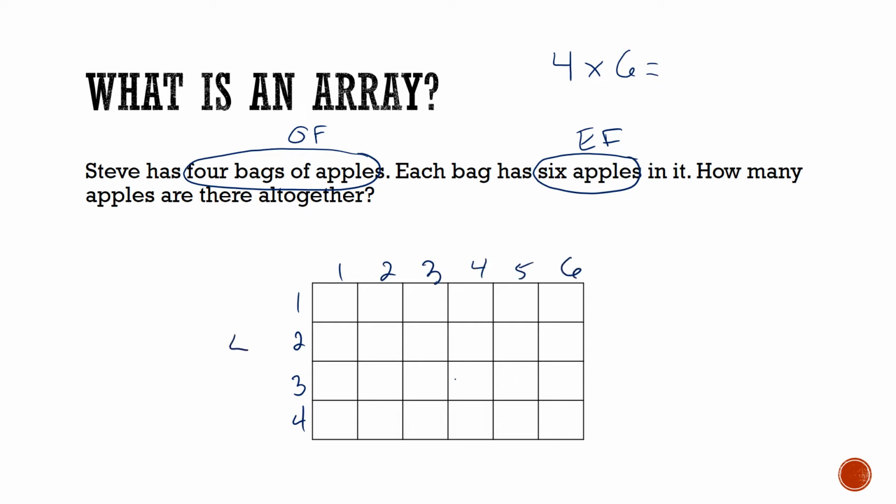Therefore, this is a 4 by 6 array. To figure out how many I have altogether, I'm going to do 4 times 6. So let's skip count by 6s. 6, 12, 18, 24. Therefore, 4 times 6 is 24, and my answer must be 24 apples.